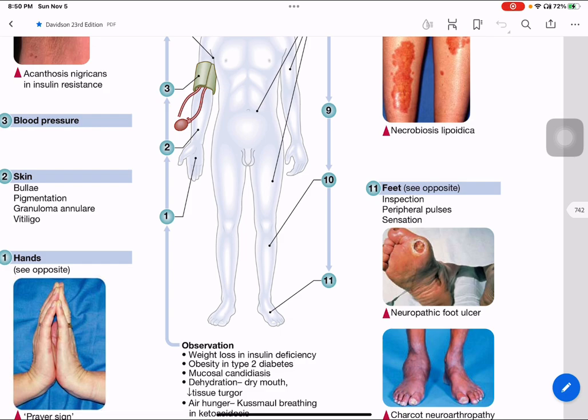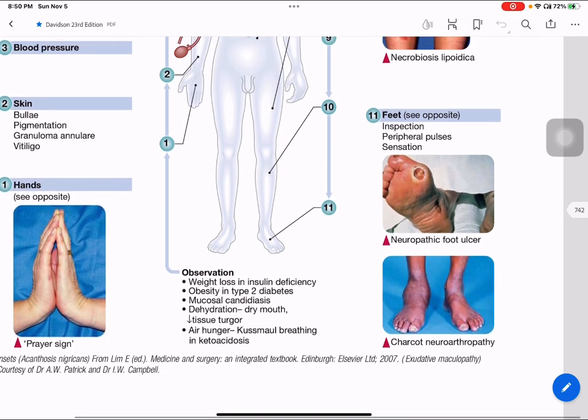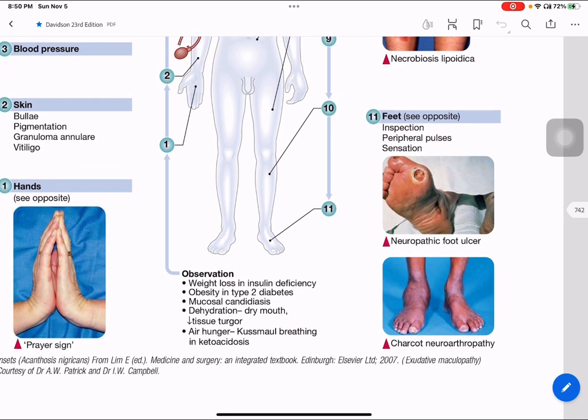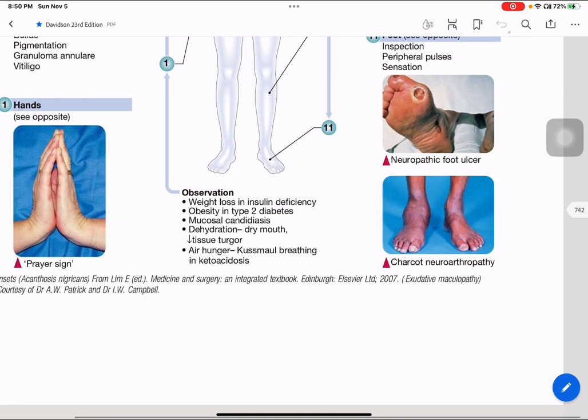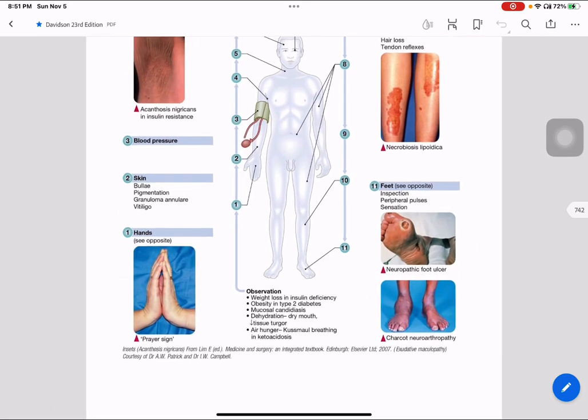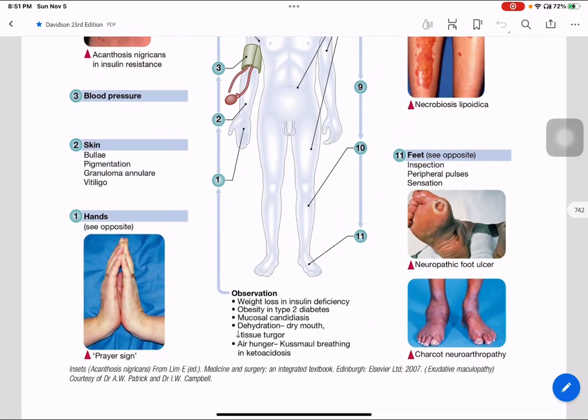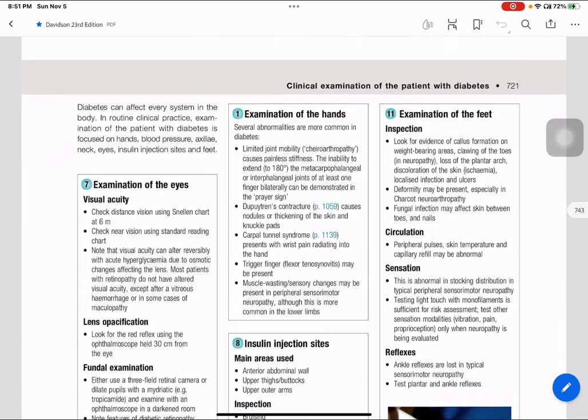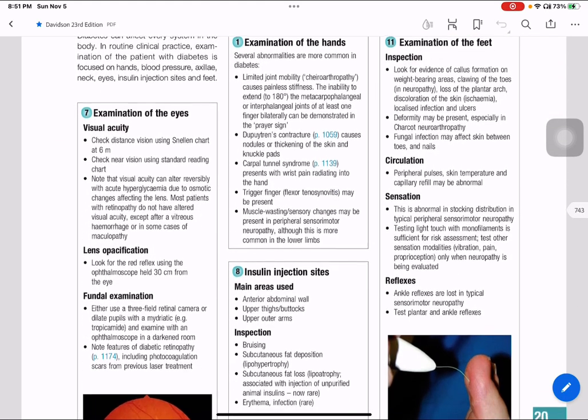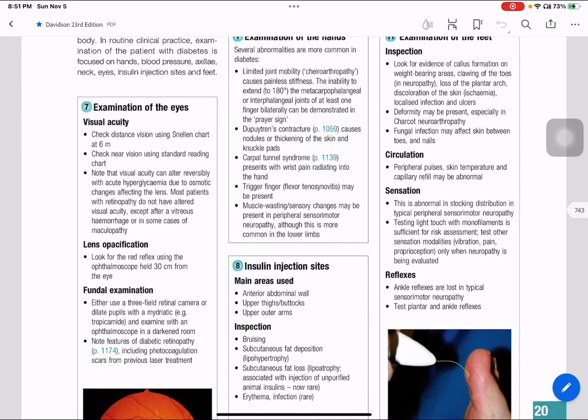We must check for neuropathy, muscle wasting, foot ulcer, and obviously we must check the weight and look for infection, and look for any acute complication like vomiting, breathing problems, abdominal pain, tenderness. So this is all about the signs we have to look for when a patient with diabetes mellitus presents to a doctor.